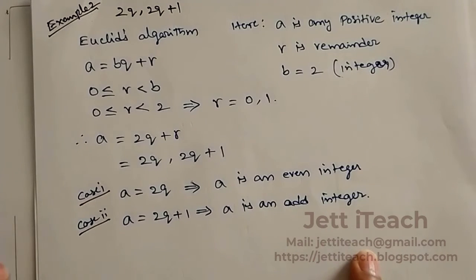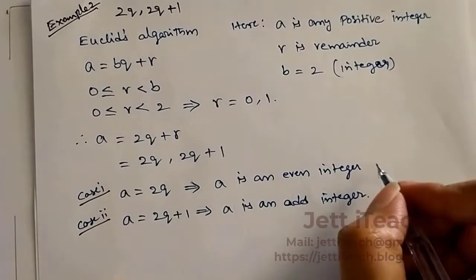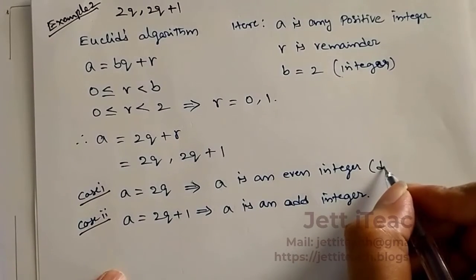A positive integer can be even or odd, so why is it an odd integer? We know that the even one is divisible by 2.